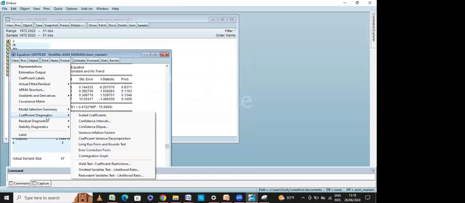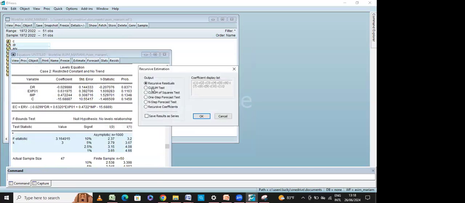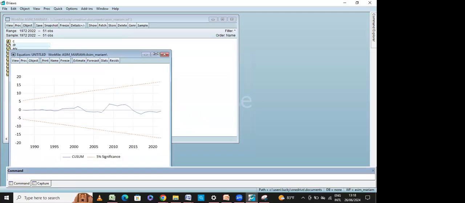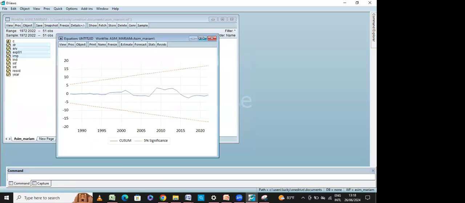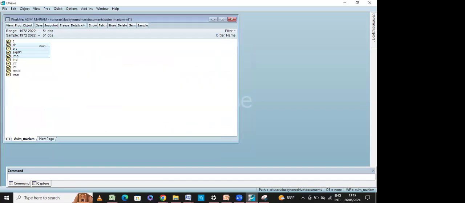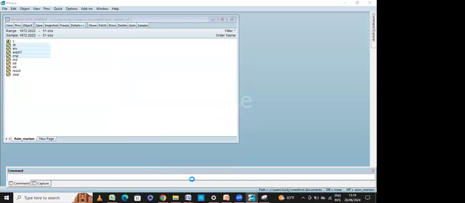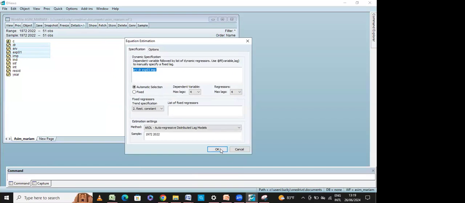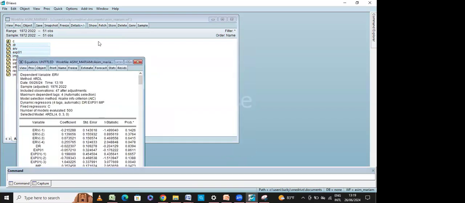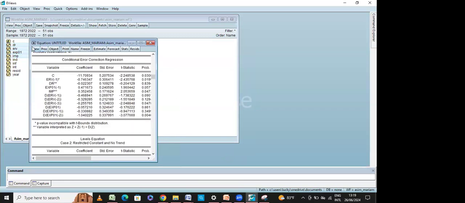And now I am going to check my stability test. Stability in EViews, we check with two kinds of tests, which are the CUSUM test and the CUSUM square test. How can we select this? Let me go again to EViews, ARDL estimation. Here is my long run.